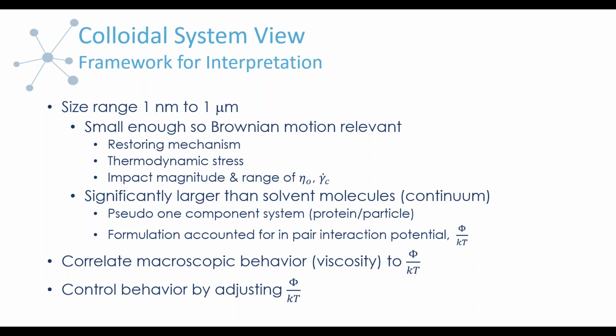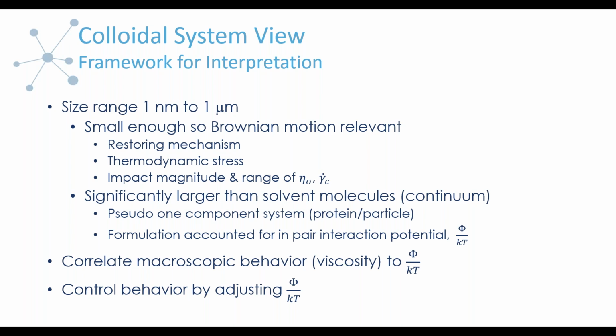There's some resistance to trying to treat proteins as a colloidal system because they are more complex. Functional groups aren't uniform. They're not spherical. They're much softer. But I think that, as I explain it, the general concepts from the colloidal system view can be quite beneficial and useful when we try to understand their behavior.